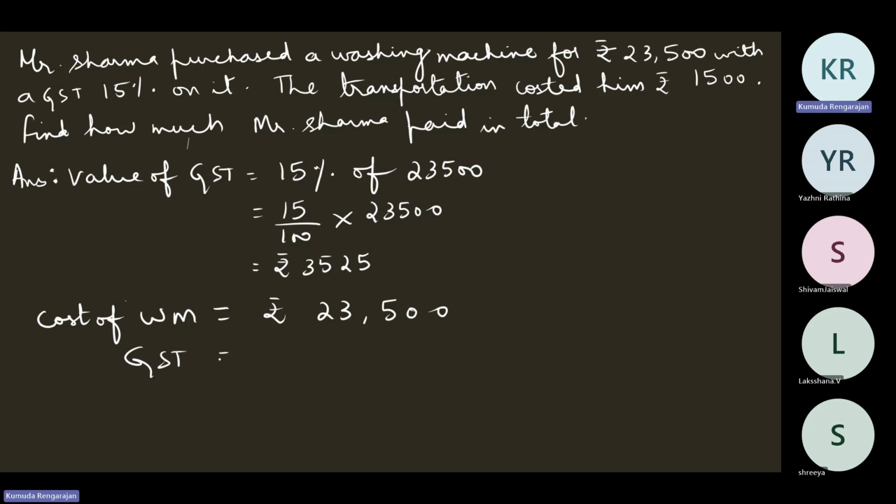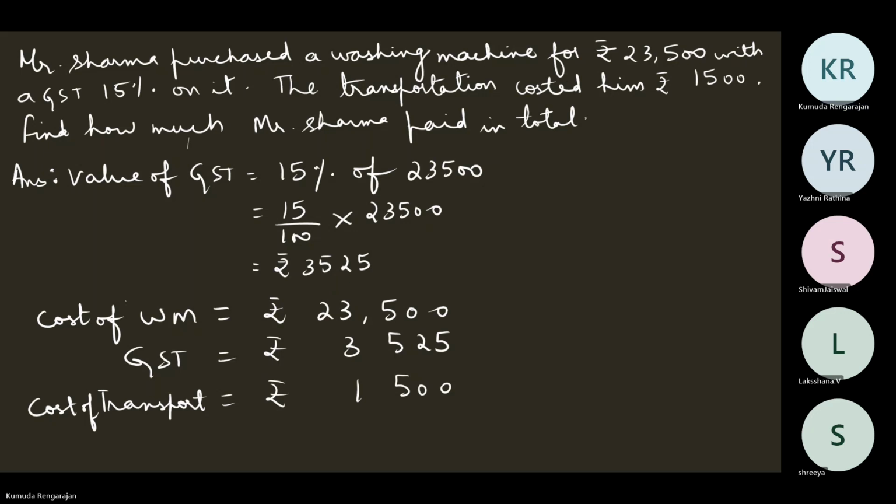GST is equal to rupees 3,525. Cost of transportation is equal to rupees 1,500. Because when you have the washing machine delivered to your residence, you have to bear the cost of transport. So that also is added to what you have to pay.